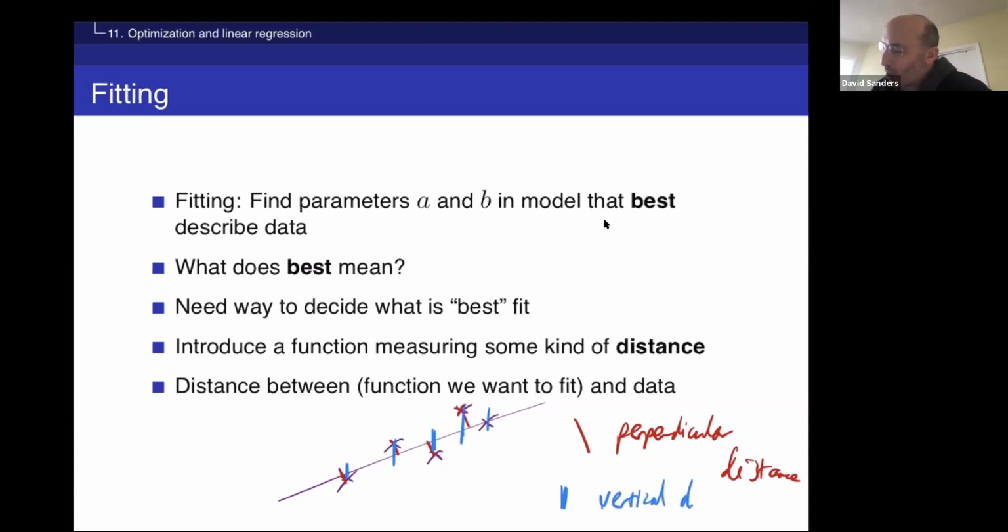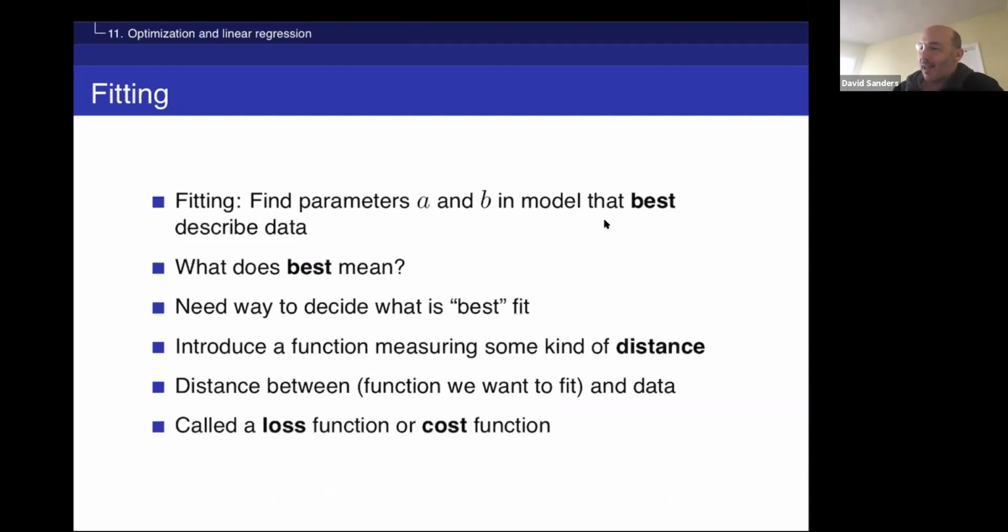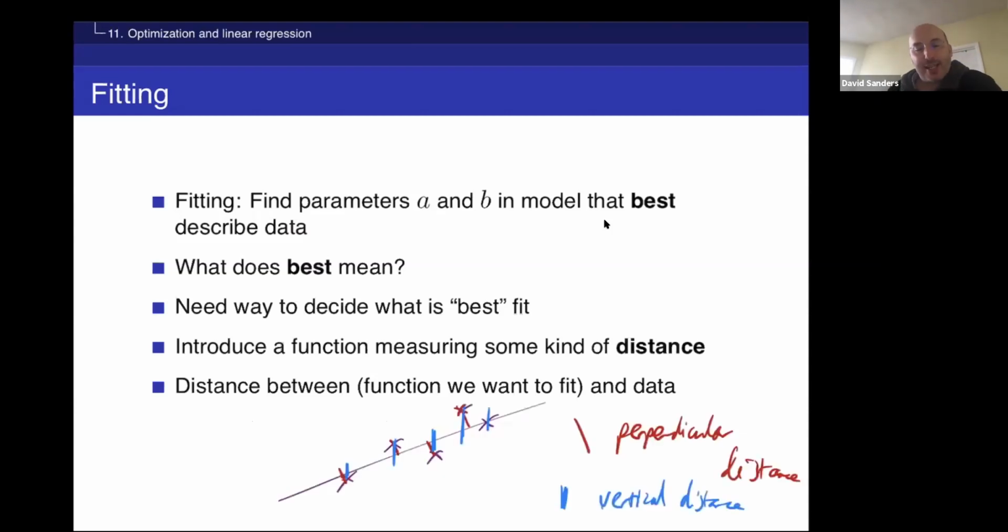Those are just two possible distances. Of course, there are zillions of other possible things you could do. We're going to choose one, which is vertical distance. And we're going to say that the total distance of the data from this line is the sum of all of these vertical distances squared.